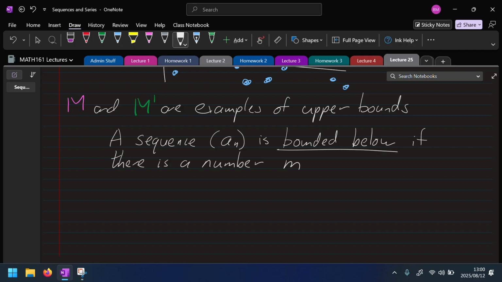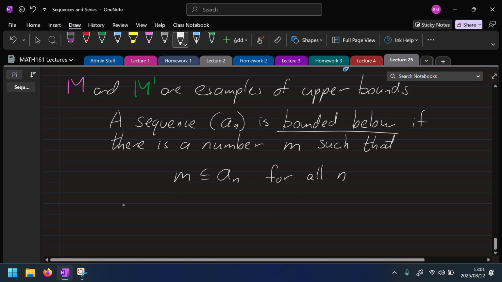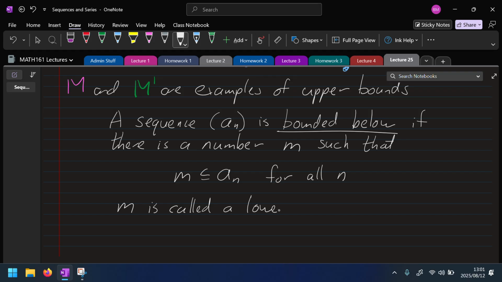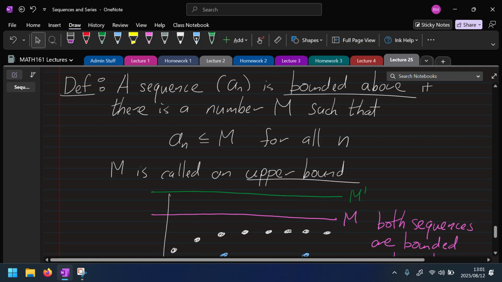So capital M is for above, little m is for below, such that m is less than or equal to a_n for all n. In other words, the sequence is always bigger than the lower bound. So here m is called a lower bound. Bounded above with the upper bound, bounded below with the lower bound.